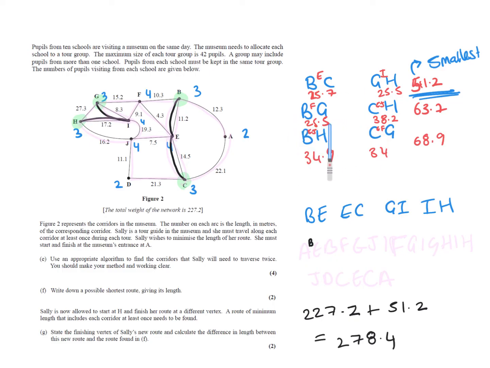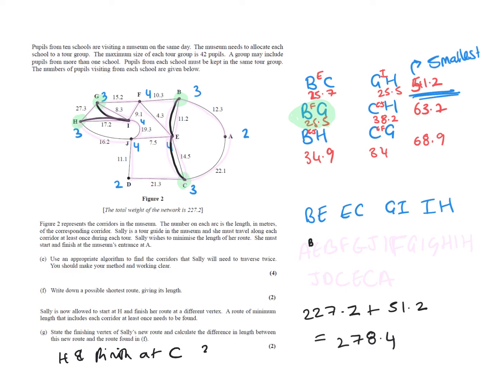BG, 25.5. Because BG is the smallest, these are the ones we're going to traverse. So that means we're going to start at H and finish at C. Okay?